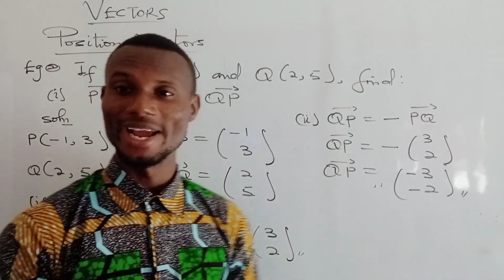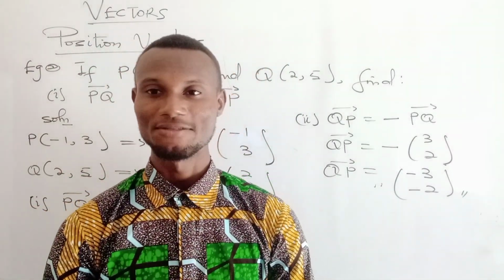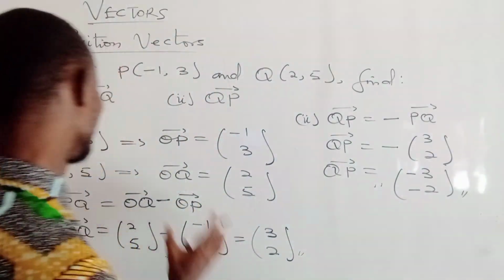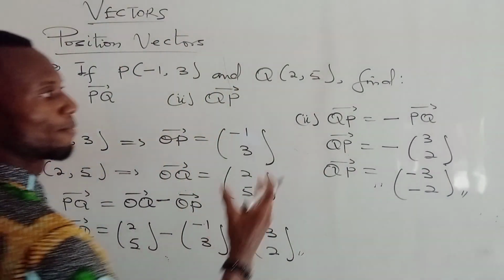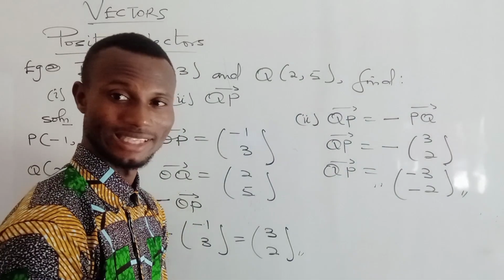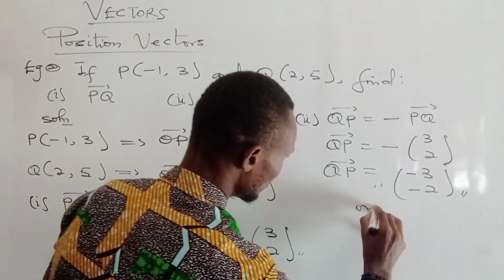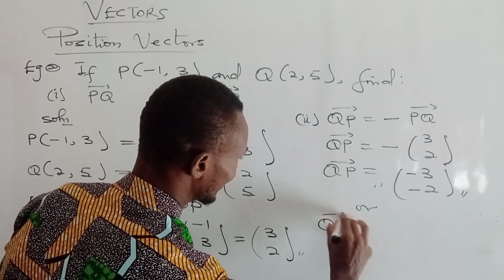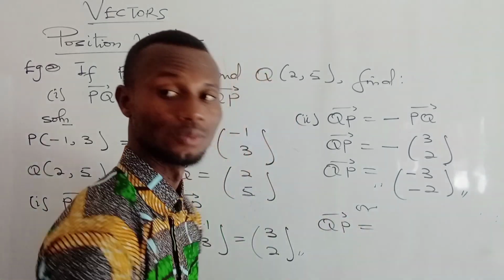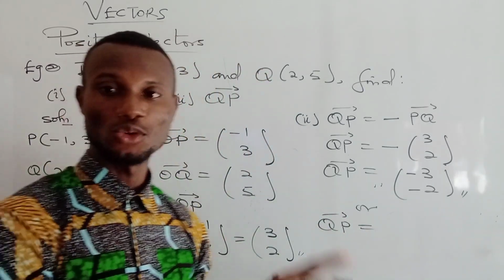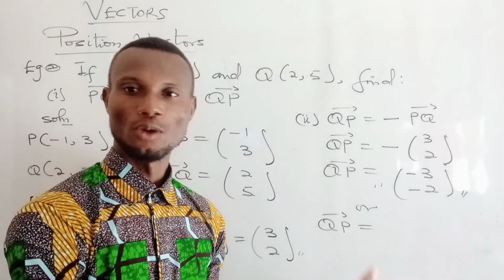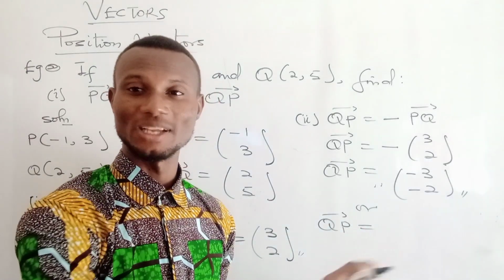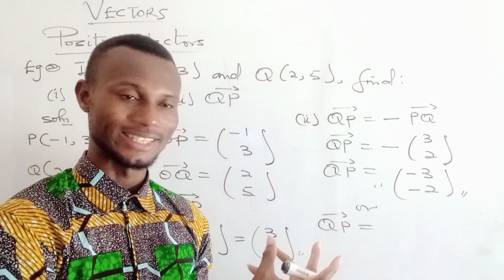I hope the explanation is clear enough up to this point. Or you can choose to go by this approach to find QP, and you get the same answer. To get the vector QP, as we said, it's always the position vector of the last letter minus the position vector of the first letter.